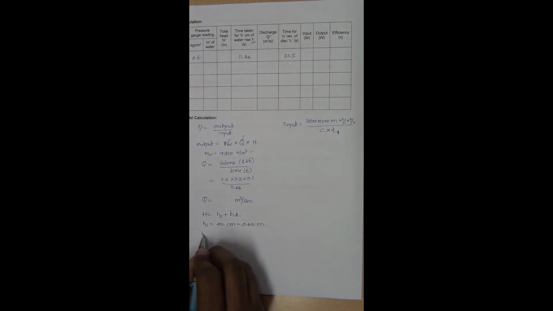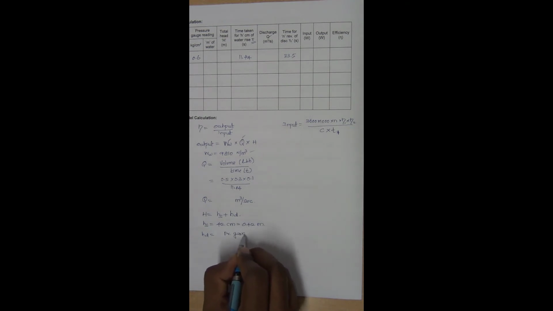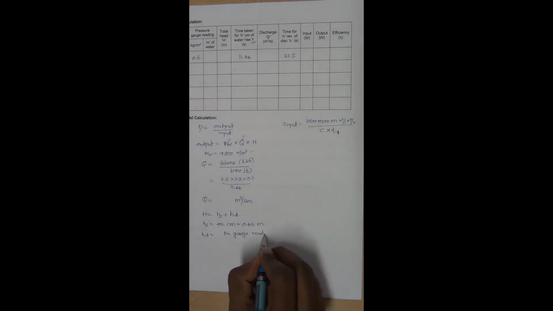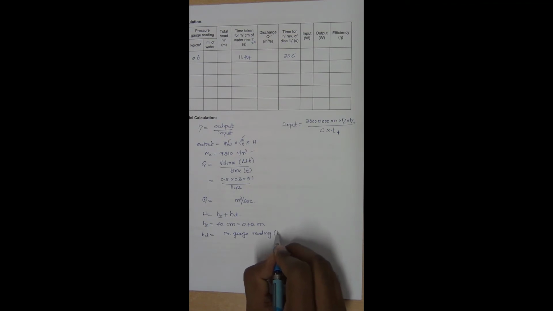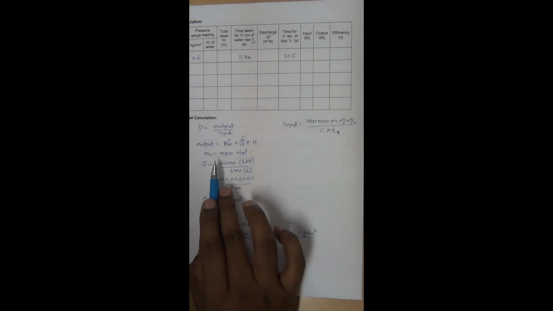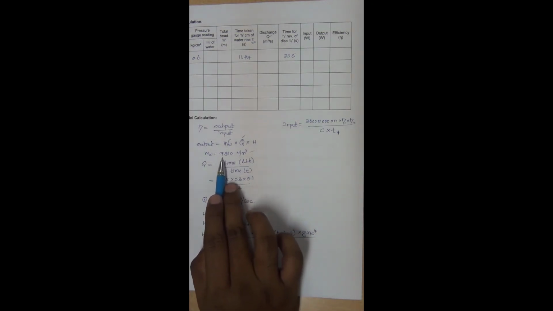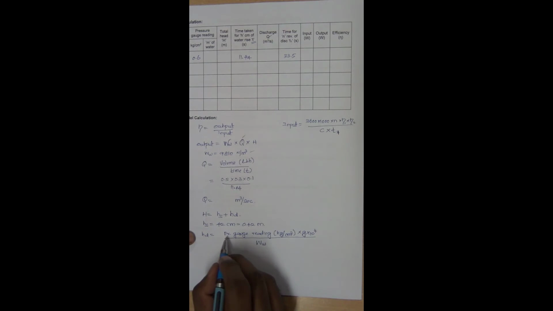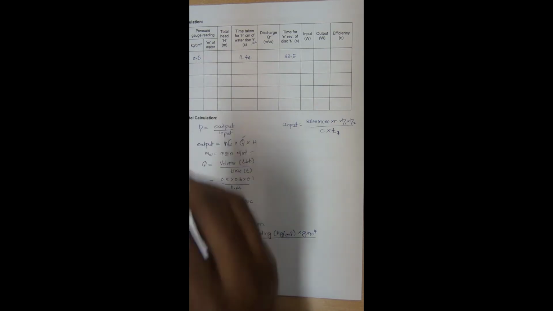Now to calculate HD, we have the formula: pressure gauge reading in kg per centimeter square that we have noted, into g into 10 power 4, divided by the specific weight of water. The specific weight of water we already know as 9810, or we can write it as 9.81 into 1000. The pressure gauge reading we have taken as 0.6.